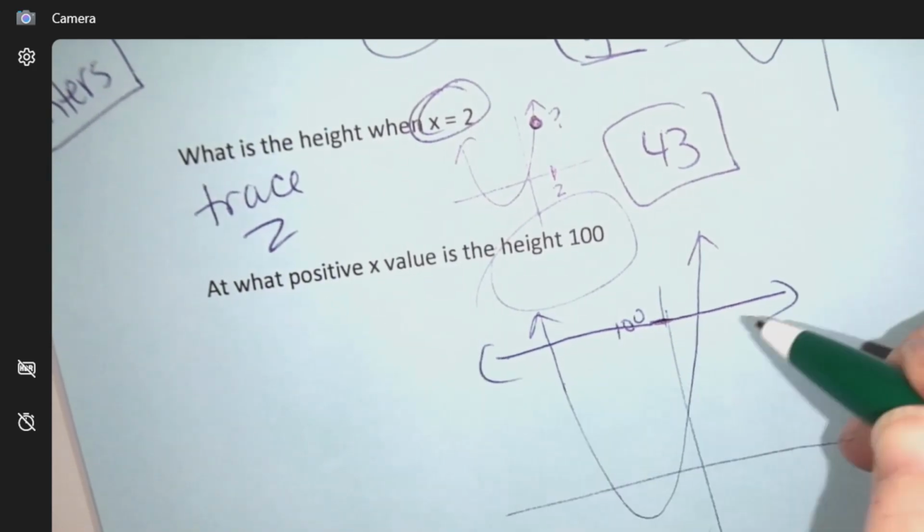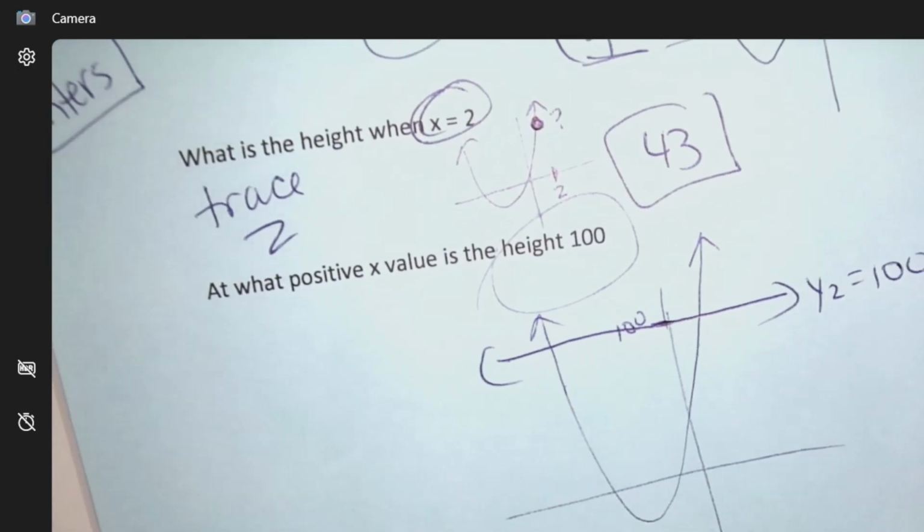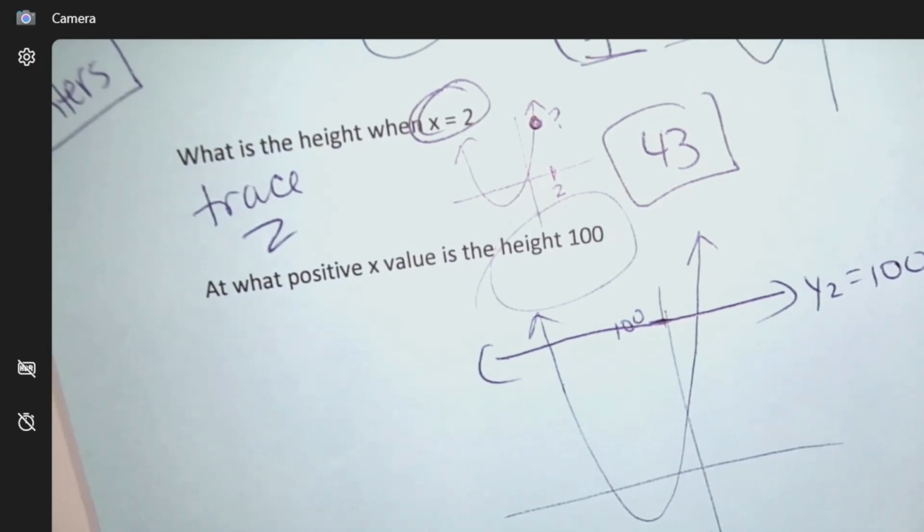Then you're doing a y2. So do you get the picture? If you know x, just tell it to go to x. If you know y, you do a y2. Does that make sense? If you know x, tell it to go there and figure out the y. If you know y, do a y2 and intersect.